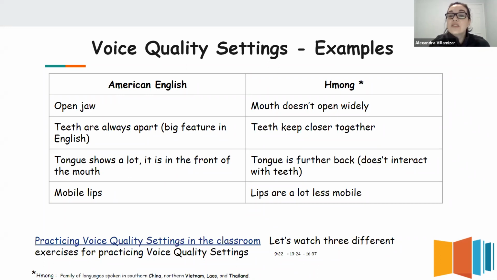So when you look at these differences, and again, this is only one language, Hmong, being compared to American English, you have several differences. This is why some students can make those sounds correctly, and for some others it is really, really difficult to make those sounds.